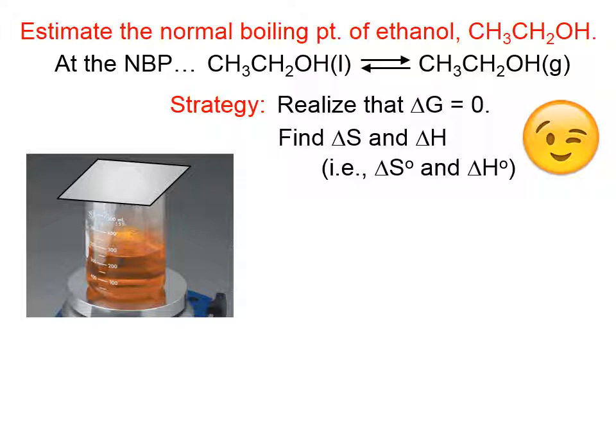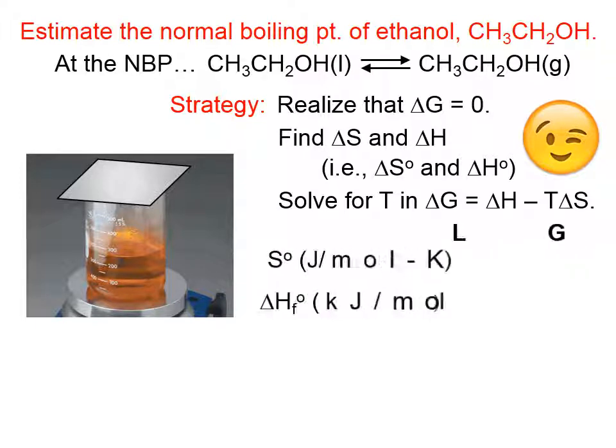And of course, the standard values have been tabulated. We can look those up. We can go products minus reactants and find those values, and we're just going to use those in this equation to find the normal boiling point of ethanol, which almost certainly is not 25 degrees Celsius. And then we're going to solve for the temperature in the Gibbs free energy equation.